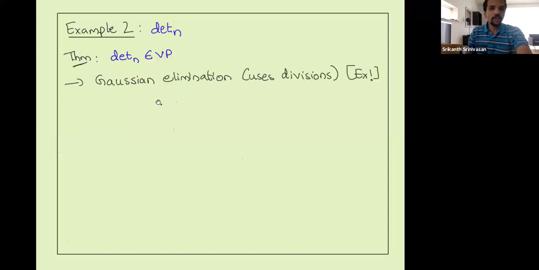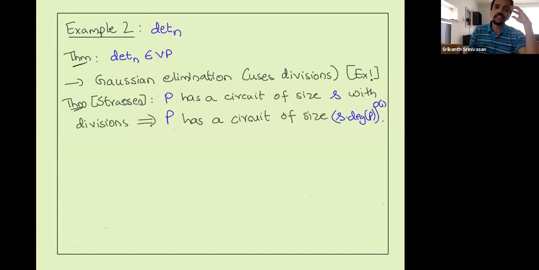You can do that, but it turns out that when you have an algebraic circuit that uses divisions, you can always convert it to another algebraic circuit for the same polynomial that does not use divisions. And the new algebraic circuit is of size roughly the size of the original algebraic circuit, as long as the degree of the polynomial that you're computing is small.